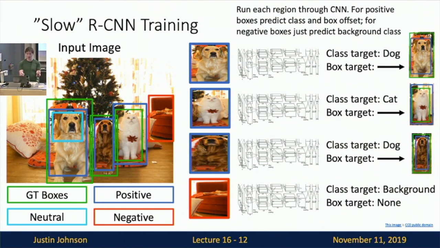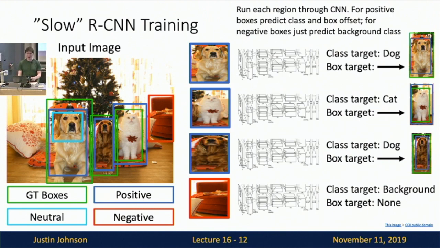So the box transform target for the positive boxes will be the box transform that would have transformed from the coordinates of the raw region proposal into the coordinates of the bounding box that region proposal had been matched with in the input image. So that's a little bit subtle here, because it's kind of weird, right? Because the targets for each of these boxes depend on the ground truth box that we had matched the region proposals to. Yeah, was there another question?